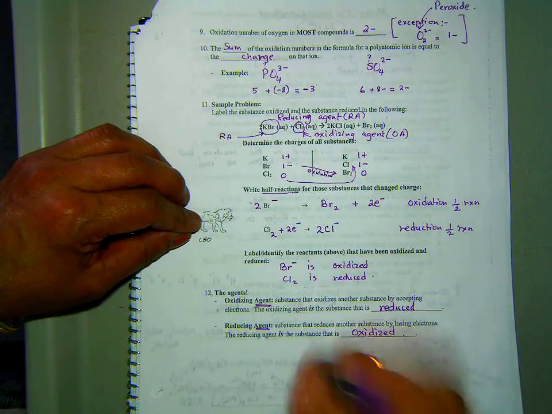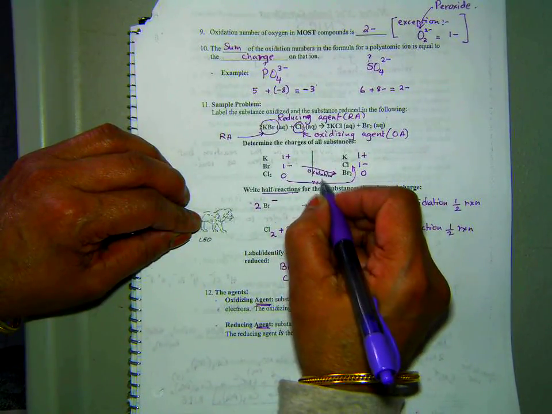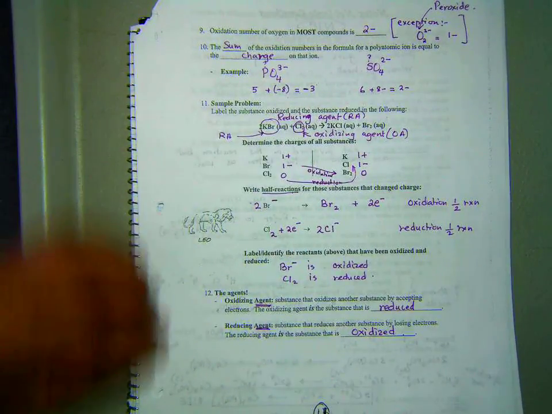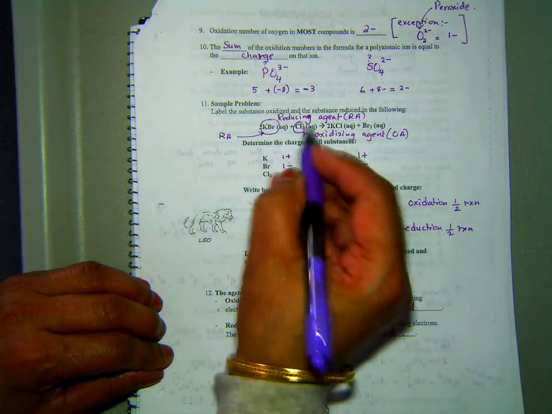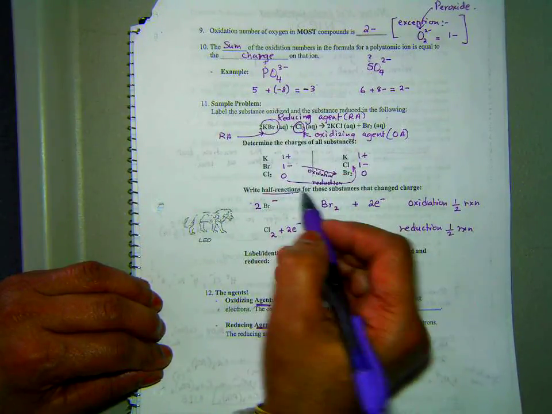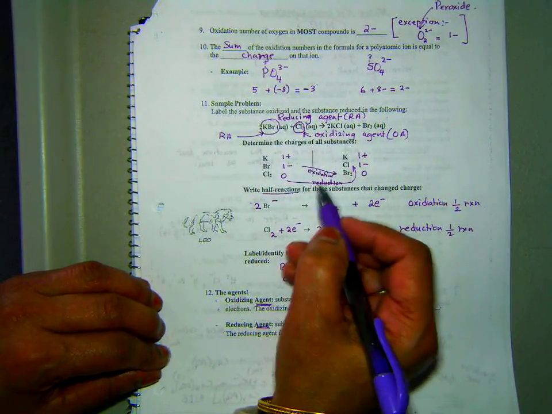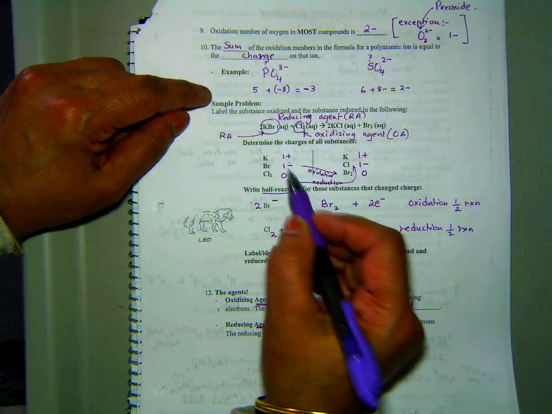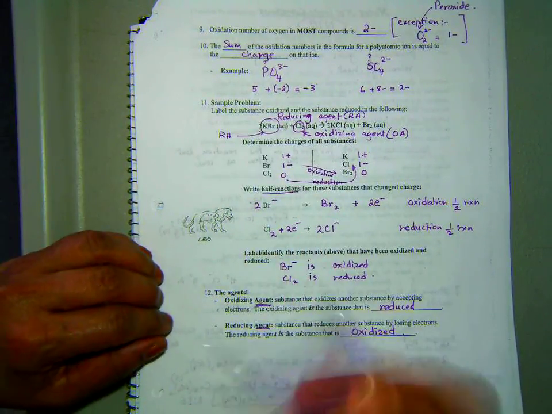So we call this the reduction. Gaining electrons is reduction, right? Okay, so Cl2 is called the oxidizing agent because it is helping Br get oxidized by gaining the electrons. So agent is the opposite.